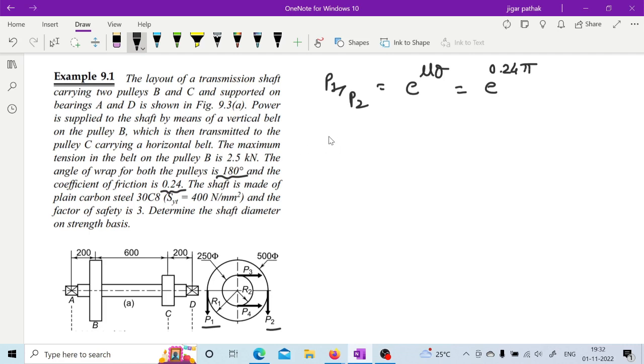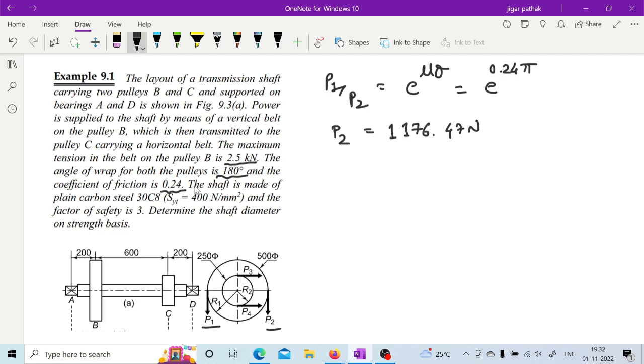P1 is given as 2.5 kilonewton, the maximum tension. Sir, we can calculate P2. Yes sir. P2 is 1.176 kilonewton, or in Newton, 1176.47 Newton.